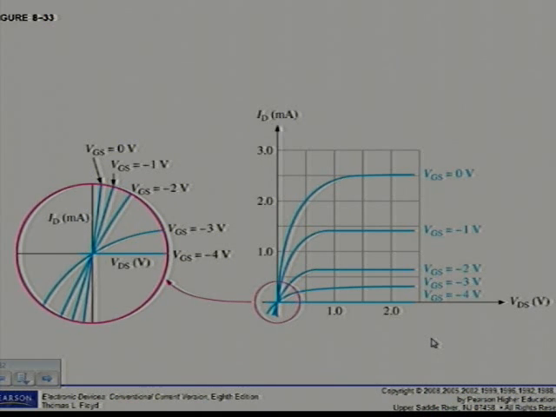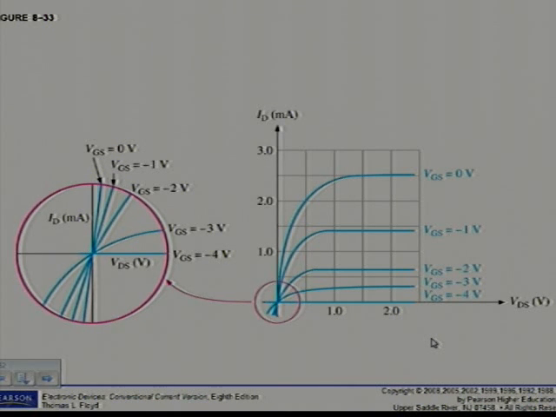At the origin, you have the AC drain current controlled by the VGS. As you've learned earlier, transconductance is defined as the change in drain current for a given change in gate to source voltage. Remember that formula?